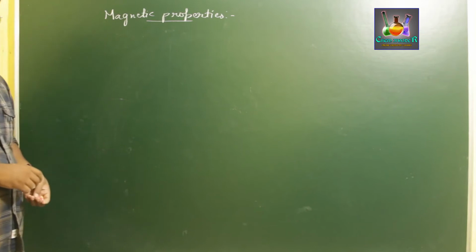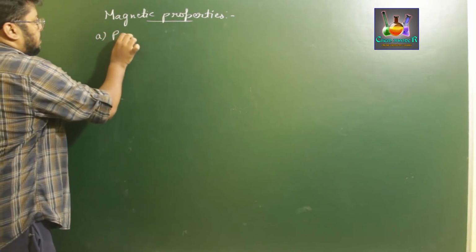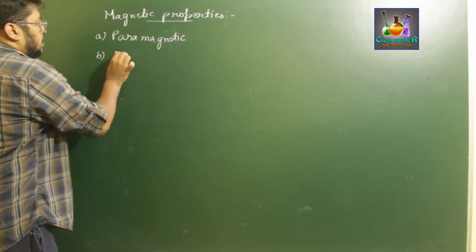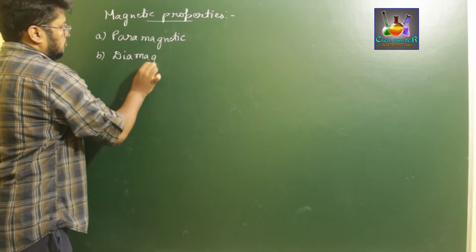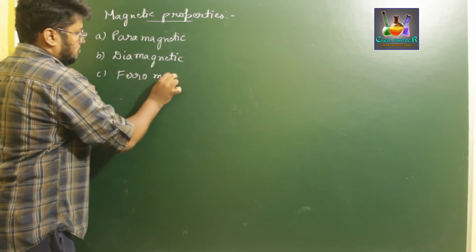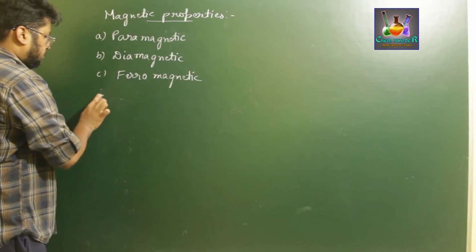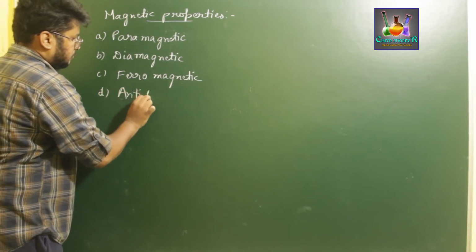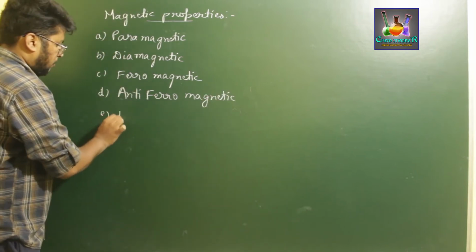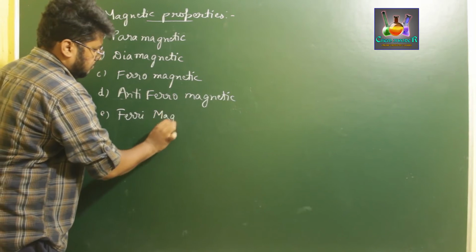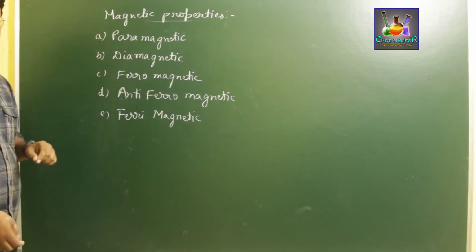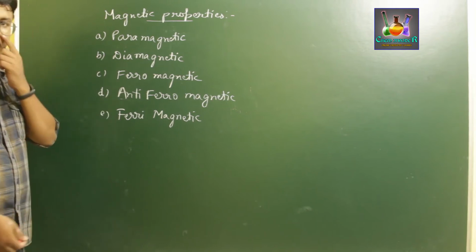There are 5 types of magnetic substances: first, paramagnetic substances; second, diamagnetic substances; third, ferromagnetic substances; fourth, antiferromagnetic substances; and the fifth, ferrimagnetic substances.